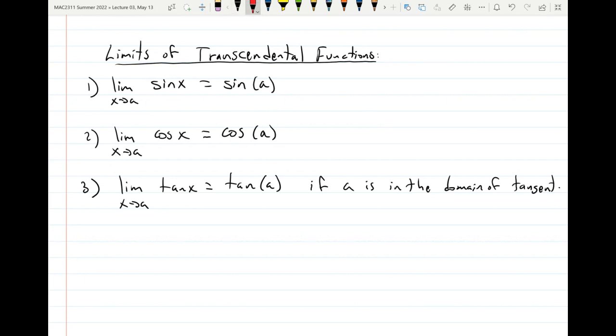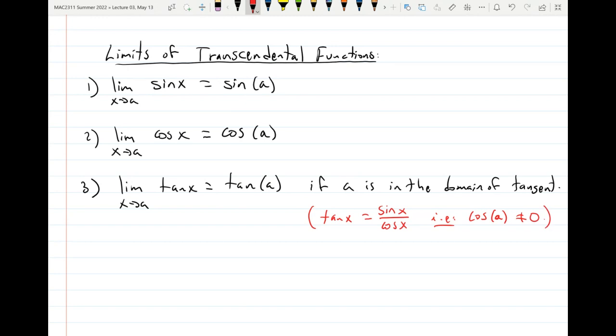Which I remind you what this means. Remember that tangent of x is sine over cosine. So essentially, what I'm saying here is that you can just evaluate provided that when you do cosine of a, this is different than 0.